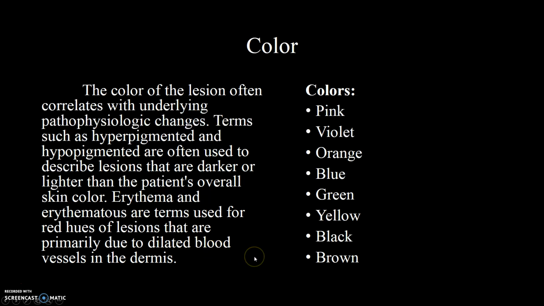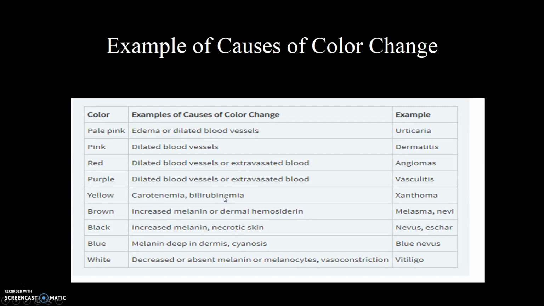Erythema and erythematous are terms used for red hues of lesions, and those are primarily due to dilated blood vessels in the dermis. But look at those other colors that are often seen in dermatologic conditions. And let's not just look at them, but see some examples of what they could possibly be associated with, because that also leads to your diagnoses.